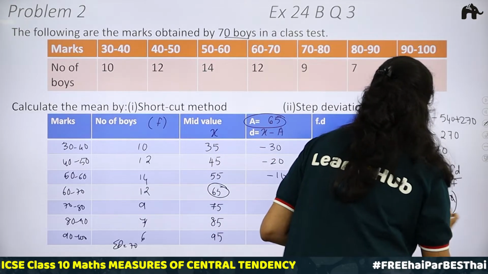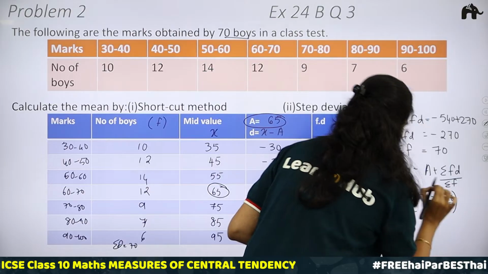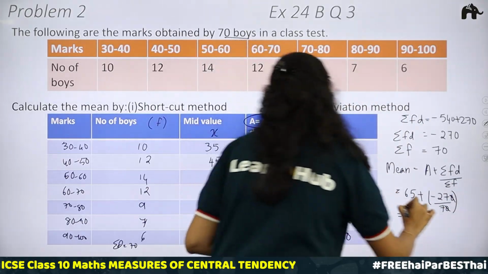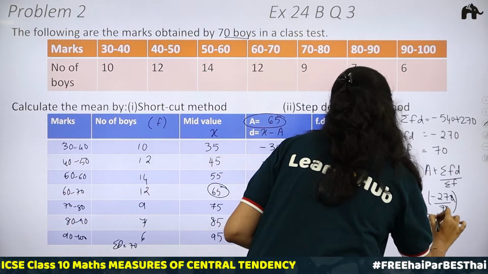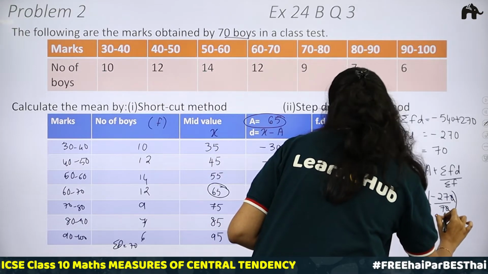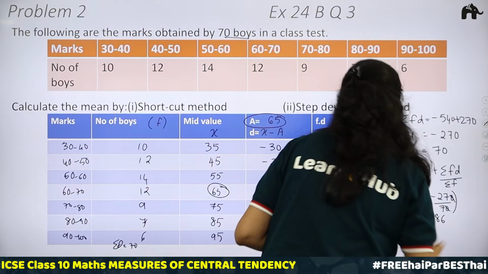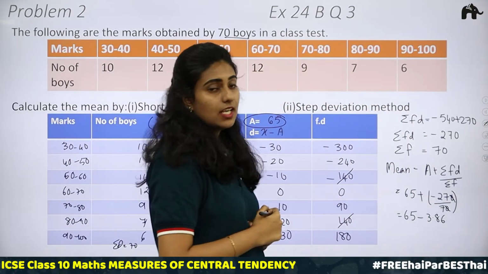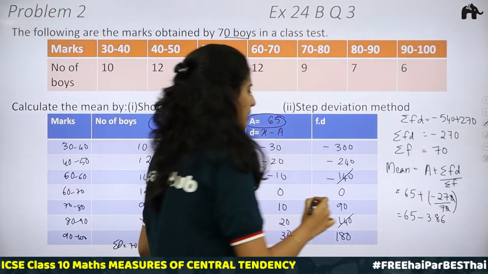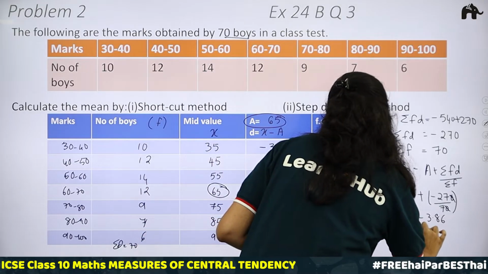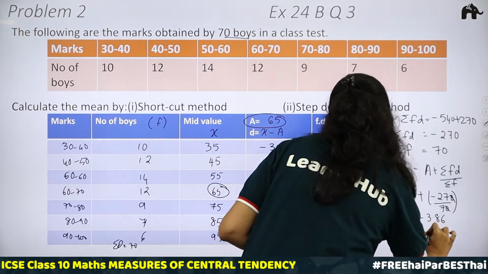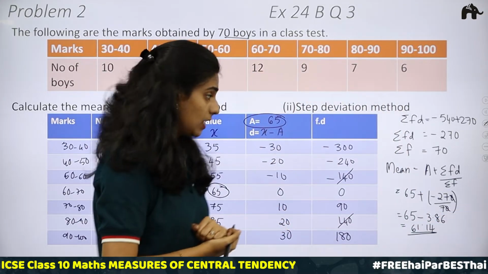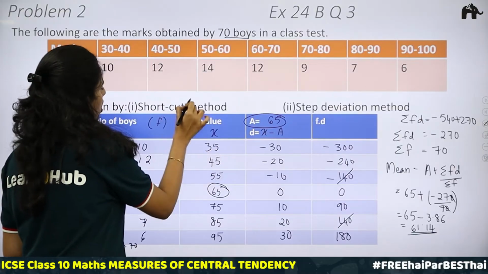Zeros can be cancelled. We have 65 minus 27 divided by 7, which gives minus 3.86. 65 minus 3.86, on subtracting, you get 61.14. So 61.14 is the mean calculated using the shortcut method.